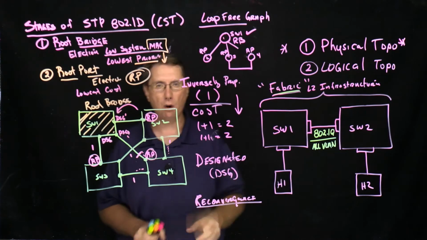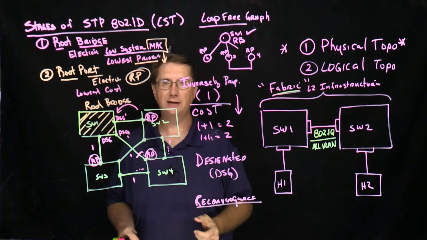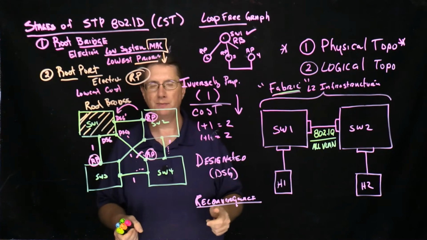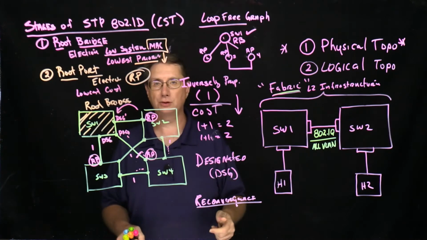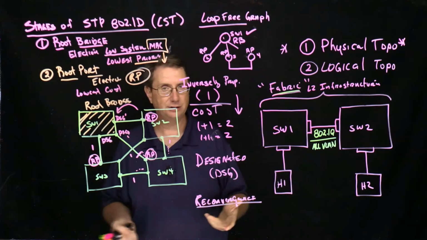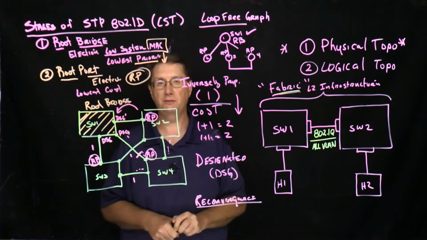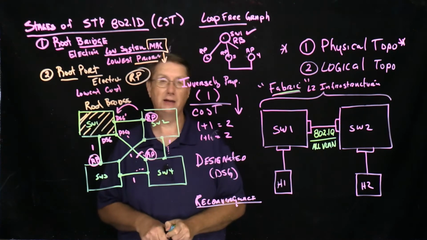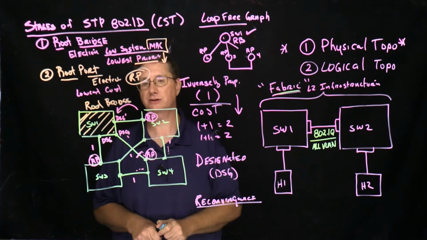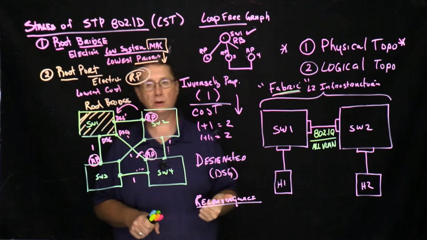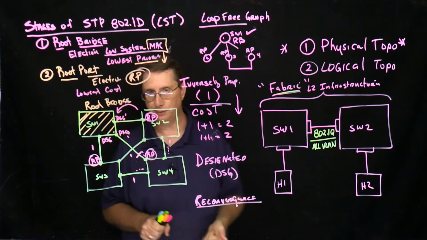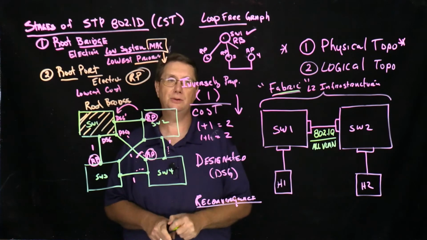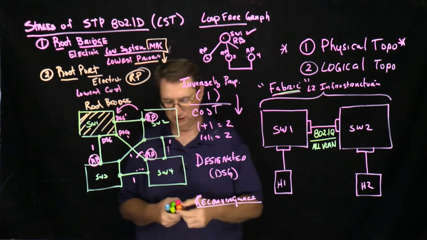And the main goal of this entire exercise is to have an efficient mechanism for sending data at layer 2 while protecting ourselves from the fact that our frames do not have TTL values, unlike packets. Packets do have TTLs. So we've elected the root ports, we've elected the root bridge. Now we need to take a look at what's happening in the rest of the topology.